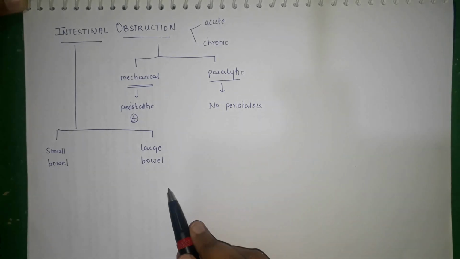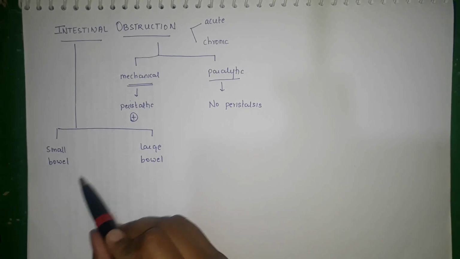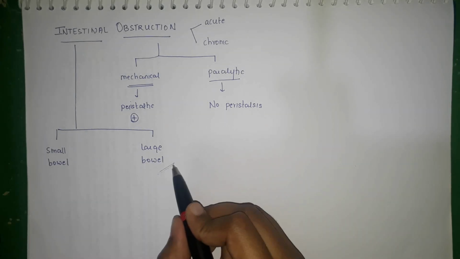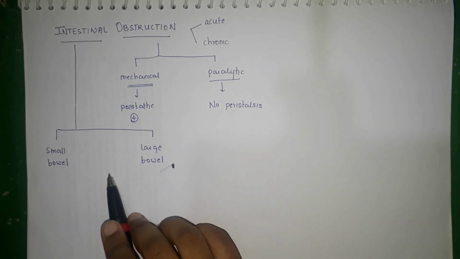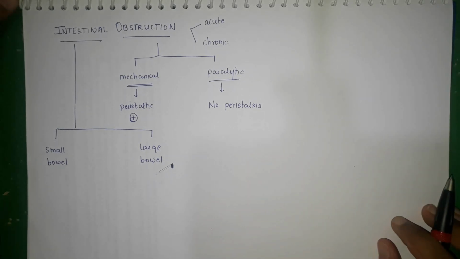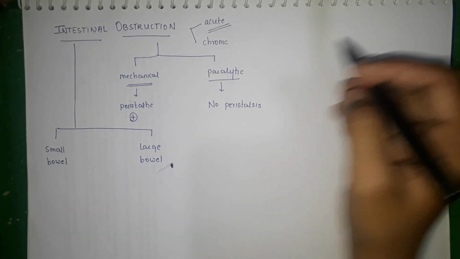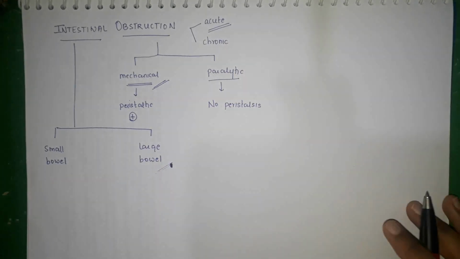This classification is useful because, based on the symptomatology of the patient, you can classify whether the patient has come with a small bowel obstruction or a large bowel obstruction, and depending on that you can think of the causes that may have caused his or her intestinal obstruction. That is the reason we should know this classification of small bowel or large bowel. So in this video we are going to mainly focus on acute intestinal obstruction and mainly the mechanical.